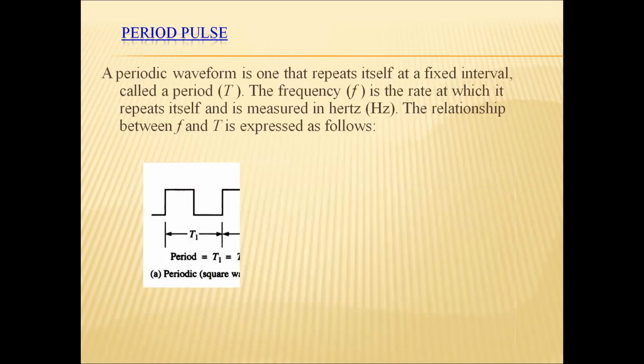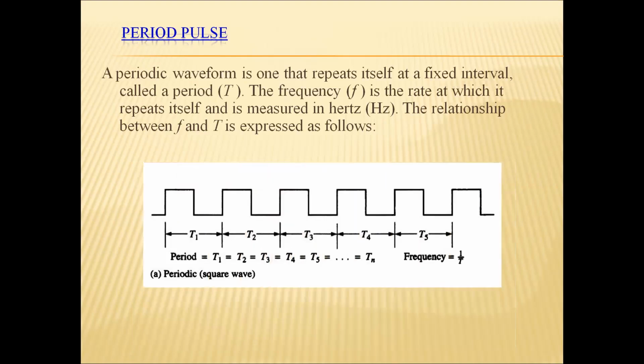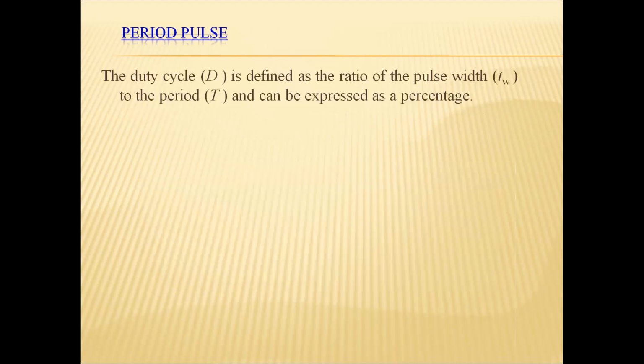Now the periodic pulse, as I told you in the previous example also. It is a periodic pulse having a fixed time period. The time period is related to the frequency, as frequency is the inverse of the time period. Now comes the duty cycle.